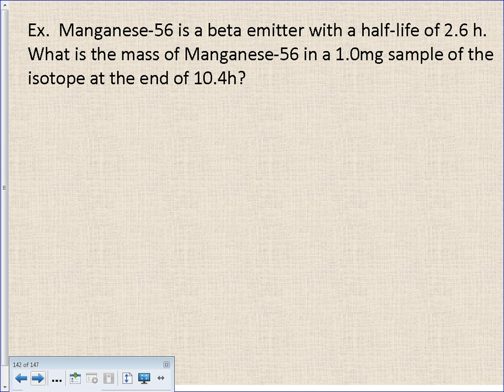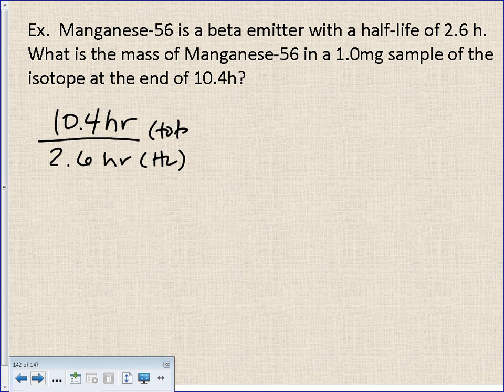Figure out how many half-lives have passed. 10.4 hours divided by 2.6 hours, which is the half-life time. This is the total time. Can you do that in your head? 4. Okay, 2.5 times 4 is 10, so 2.6 times 4 is an extra 0.4. So that's 4 half-lives.